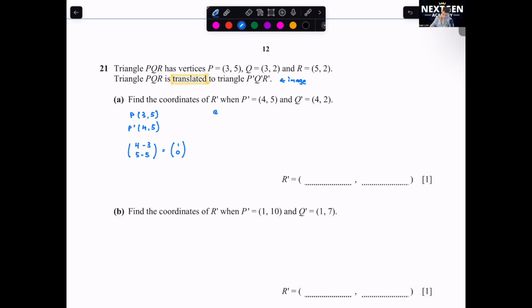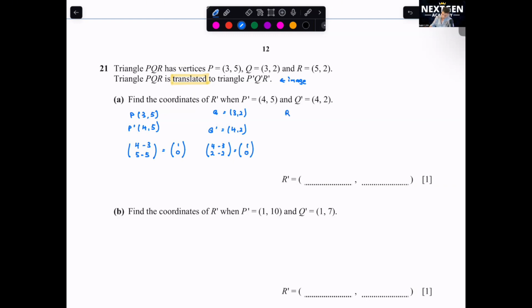We check the Q value also, to see if it is the same. Q is (3, 2). Q' is (4, 2). So we take Q' minus Q: (4, 2) minus (3, 2), which is also (1, 0). So that means you have a translation of (1, 0).